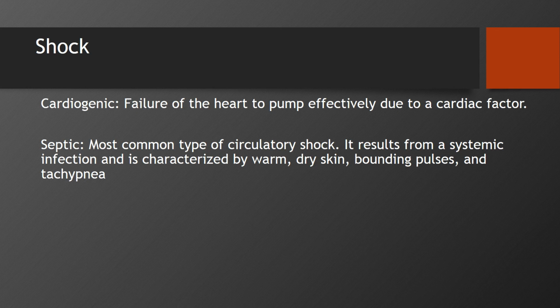So you're going to start to see somebody with a flushed appearance, right? They're going to be warm, sort of anxious, and sort of know that something isn't right. That's your starting point of sepsis, okay?